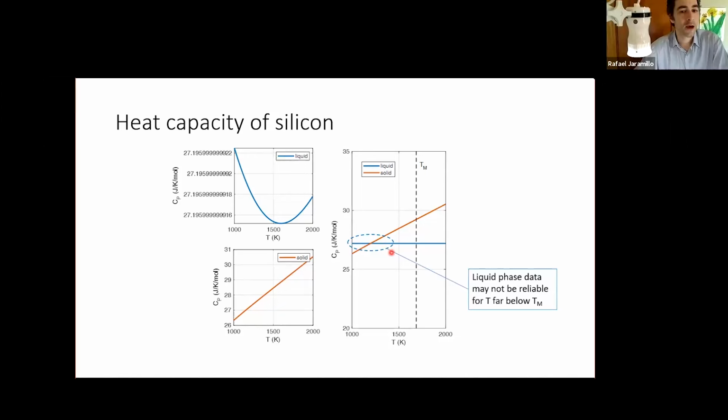So the liquid phase data may not be reliable far below T melting, and likewise, the solid phase data may not be reliable for T far above T melting. This comes back again to the range of validity of your models. When you're professional scientists and engineers, you have to think critically about your data resources. How good are they? Where do they apply and where do they not?